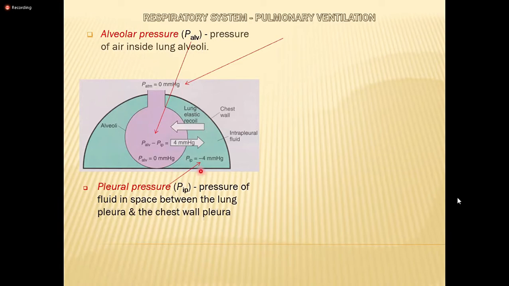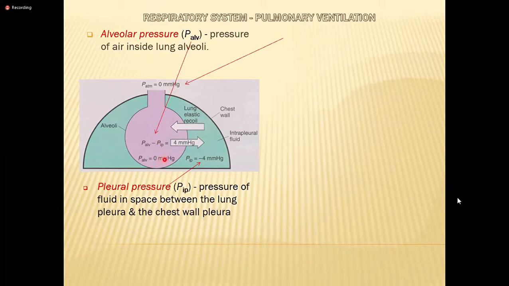Alveolar pressure. Inside the alveolus, imagine this to be an alveolus. This is a diagrammatic representation, of course. Outside in the atmosphere, the pressure is 0 millimeters of mercury. Inside the alveolus, we have the same pressure, 0 millimeters of mercury.